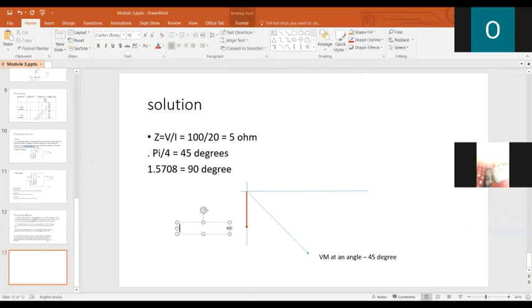So this one, I am at an angle of how many degrees? Minus 90 degrees, right? Minus 90 degree. Done? Okay. So this is drawn at 45 degree.